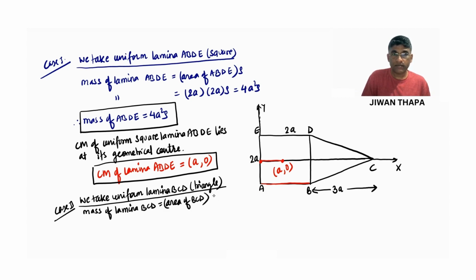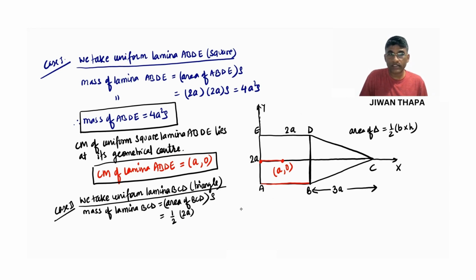times rho, and we know the area of triangle BCD is half times its base, and the base is DB, okay, this is the base. So it is twice A. So I'm writing over here, the area of a triangle is half times base times height, okay.